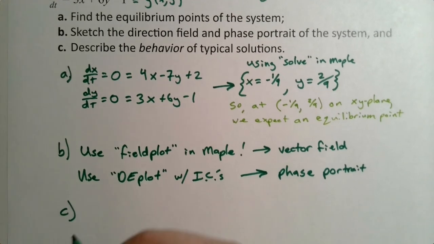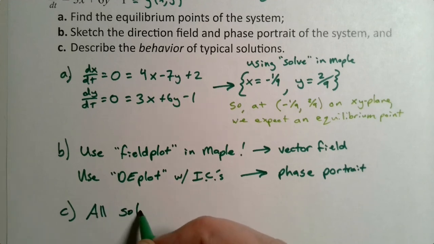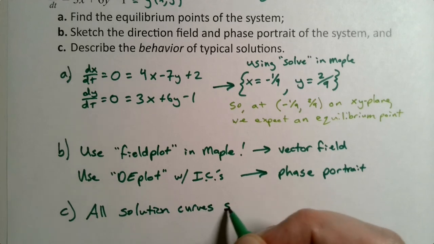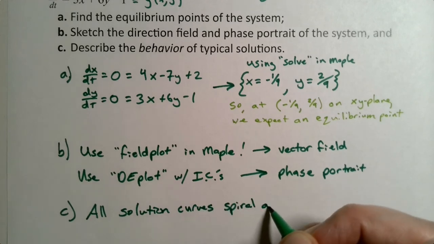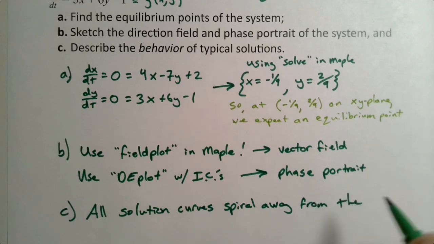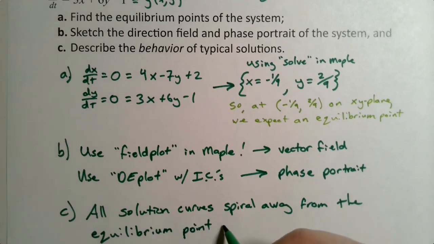And so for this one, we saw on the Maple screen that all solution curves spiral away from the equilibrium point. And they do it in a counterclockwise direction.